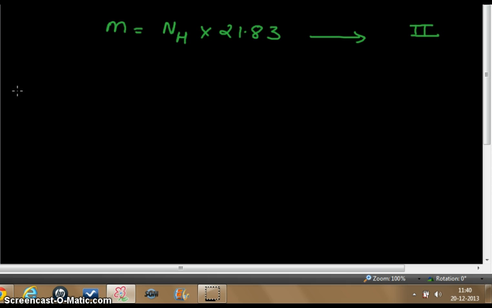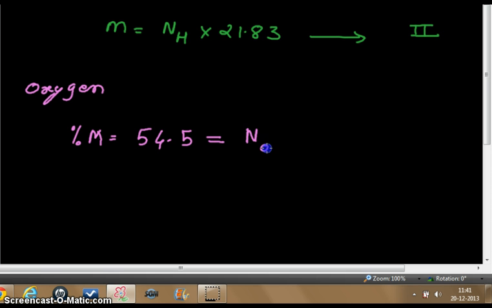Now in case of oxygen, the mass percentage is equal to the same equation: 54.5 is equal to number of oxygen atoms into 16 into 100 divided by molar mass.